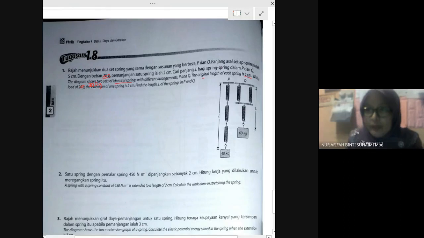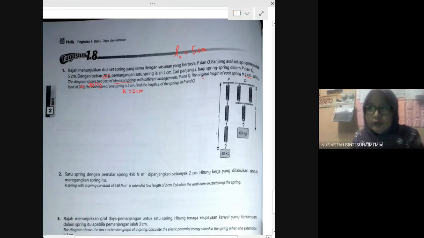Okay, dia bagi tahu L not equal to 5 cm. Original length is 5 cm. With a load of 200 gram, the extension of spring is 2 cm. Okay, 2 cm if we use 200 gram of load.